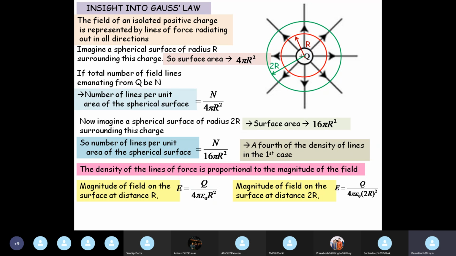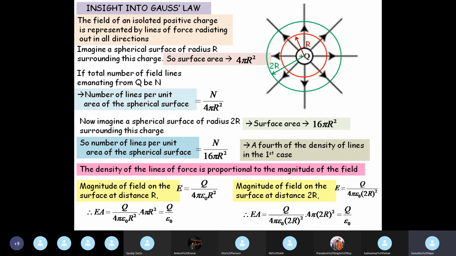So the flux, that is the product of the electric field and the area through which the lines of force are passing, in the first case is Q by epsilon naught. In the second case, it remains Q by epsilon naught. So even though the strength of the electric field decreases as you move away from the charge, the flux is a quantity that depends only on the charge and not on the distance.